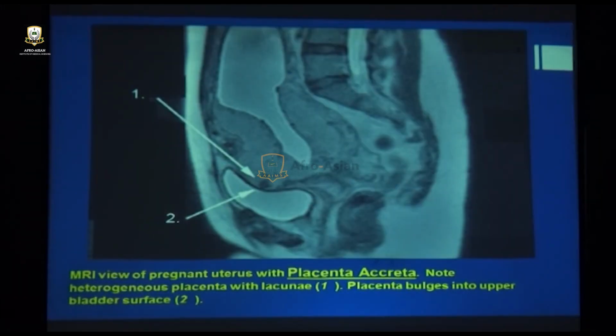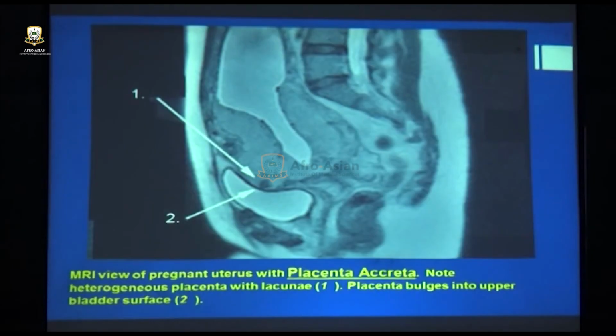One more example, similarly. If you see, there is indentation of the urinary bladder again, which we cannot see very precisely on ultrasound. So this indentation and internal hypointense area lead to the diagnosis of invasion by the placenta into other structures.